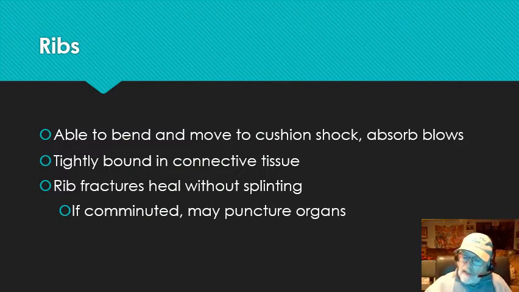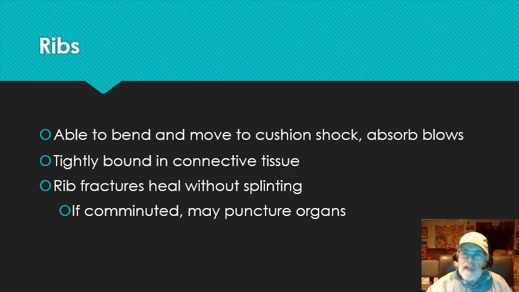So again, in trying to look at the physiology of the rib, they're able to bend. The bone will have a little bit of bend, but think about it. If I have a bone that goes from bone to bone with nothing else in between, it's not going to bend a whole lot. The cartilage really assists in that a lot when they go from where the rib stops and the cartilage continues on towards the sternum.